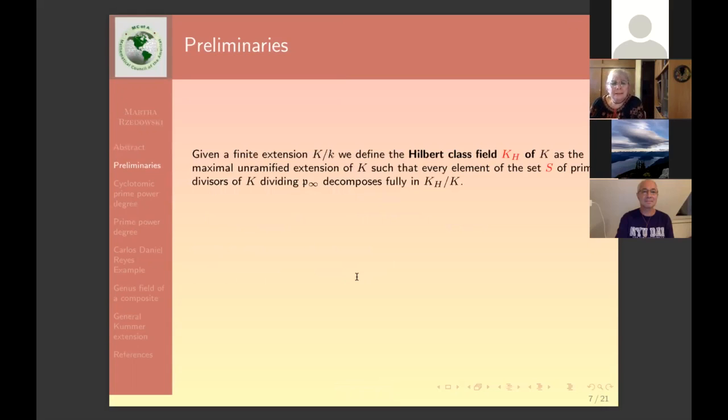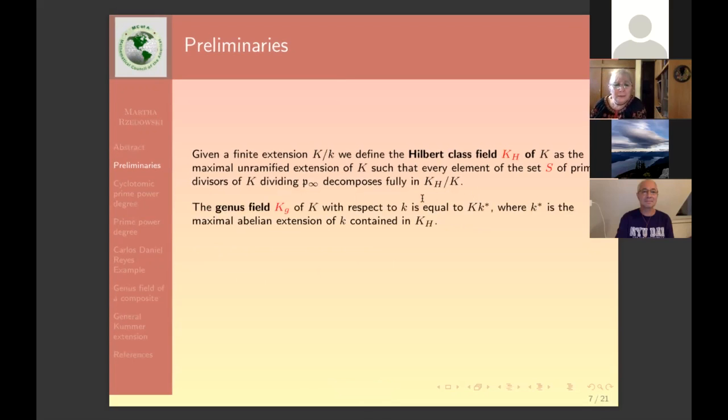Given a finite extension K over k, we define the Hilbert class field KH of K as the maximal unramified extension of K such that every element of the set S of divisors of K dividing P infinity decomposes fully in KH over K. This is what we will consider as the Hilbert class field.